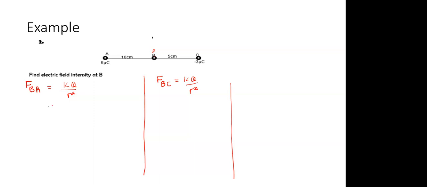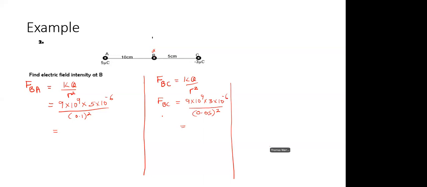Okay, so find the force as I also make the calculations. Then get your answers.